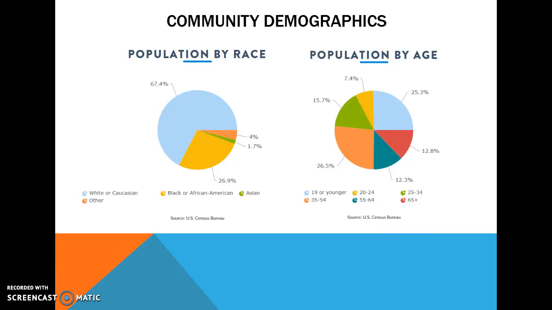Almost 27% were Black or African American. A little over 1% were Asian, and 4% classify themselves as other. The breakdown by age was 25% were 19 or younger.